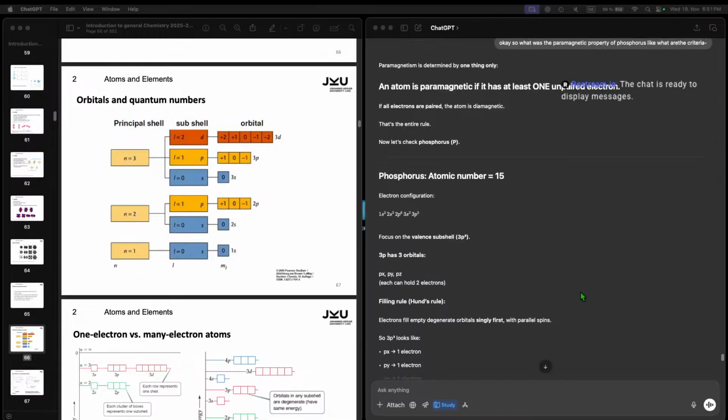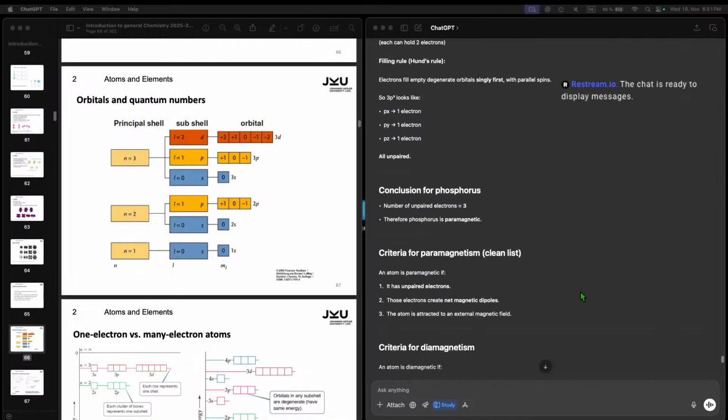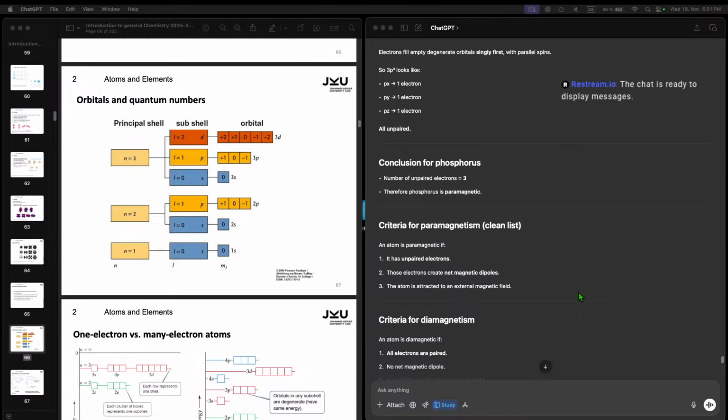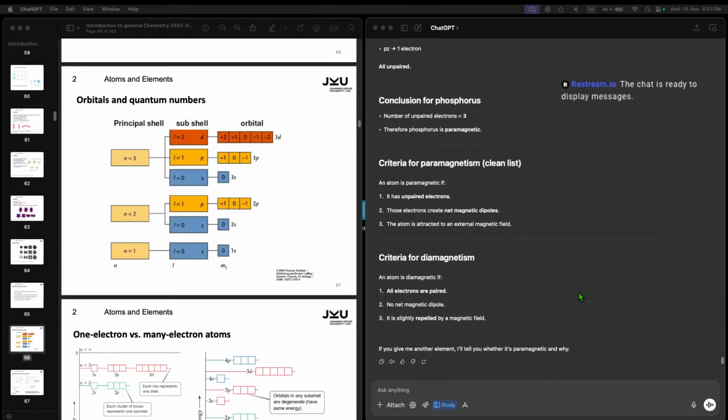Diamagnetic. So what is paramagnetism and diamagnetism?